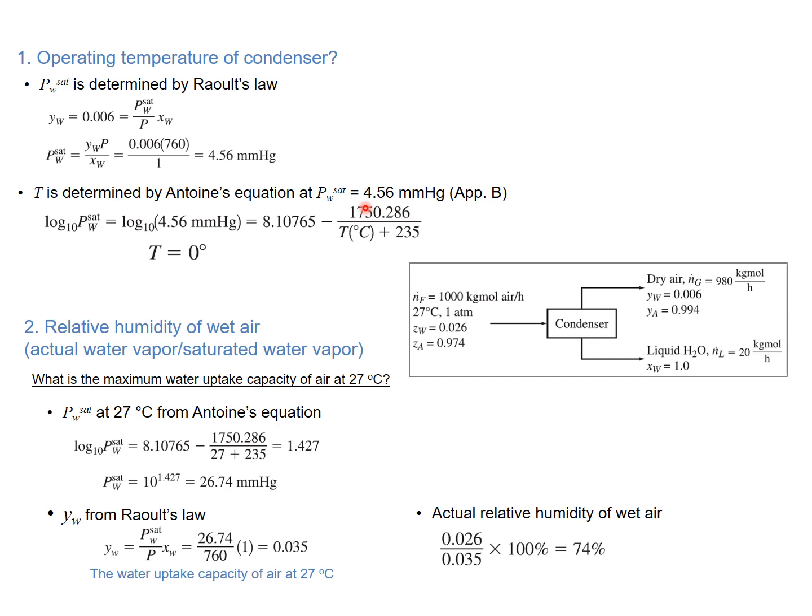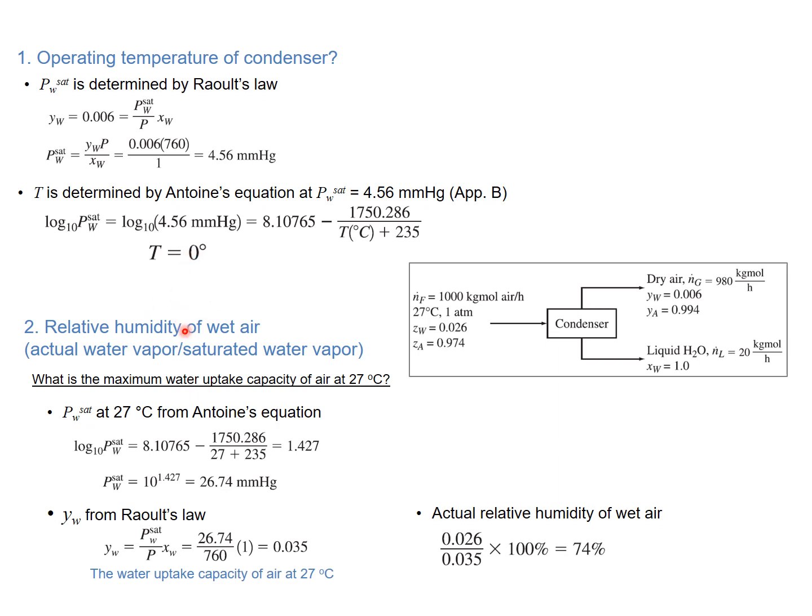What is the temperature to obtain this saturation pressure of water? This value is put on the left side of the Antoine equation, and A, B, C come from Appendix B for water, and then the temperature can be calculated. That is 0 Celsius degree. So this condenser should be operated at 0 Celsius degree.